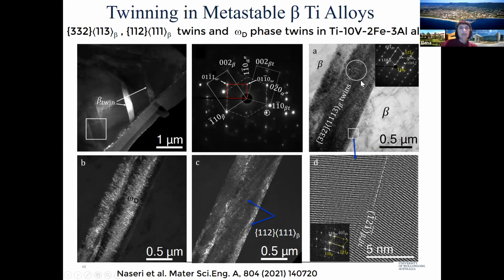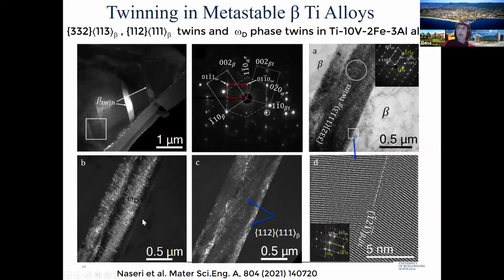And also we have more layers of products forming, because within these twins we have an abundance of deformation-induced omega, and you could see that the number density is much higher for this omega phase compared to the omega phase formation that we saw formed directly in the beta phase, not within the {332}<113> twins. And also it's oriented perpendicular to the boundary of the interface between the beta matrix and the twin.